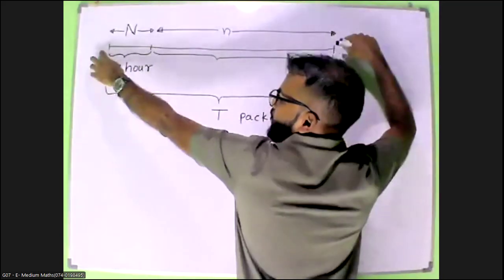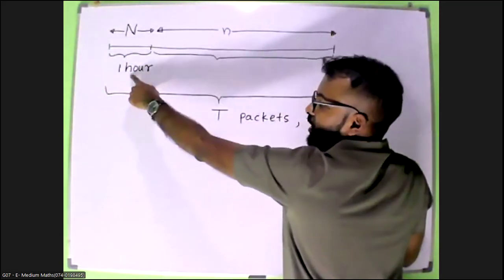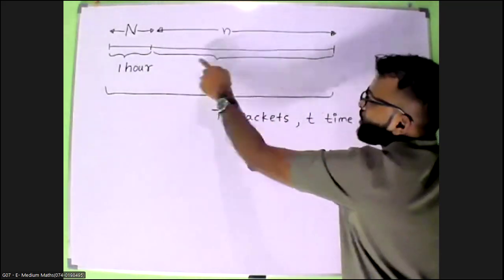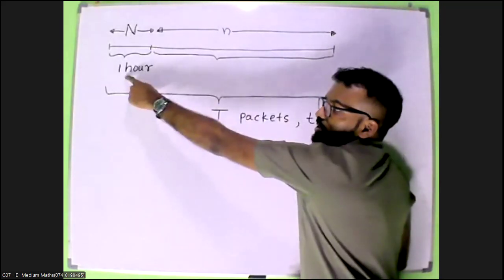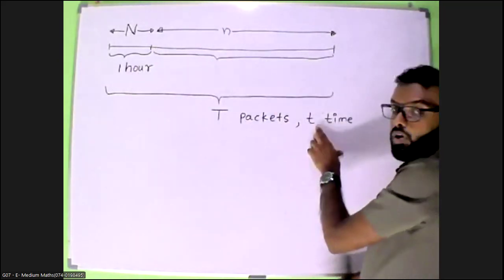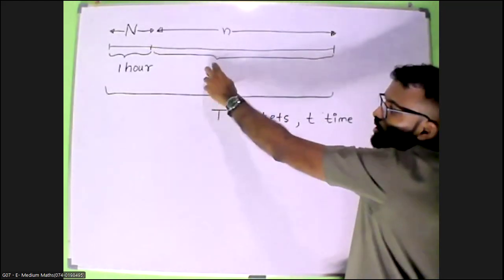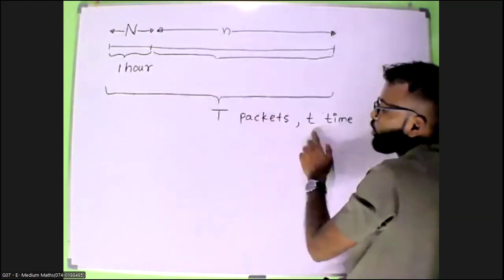Total time is small t, and this hour is 1 hour. You have to subtract this 1 hour from t so that you can find this time slot, because you are removing 1 hour from the total time.